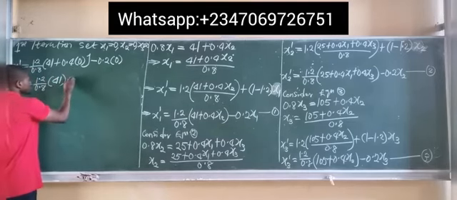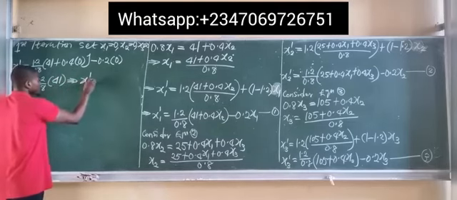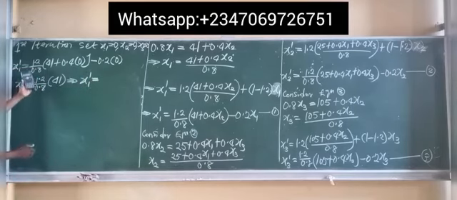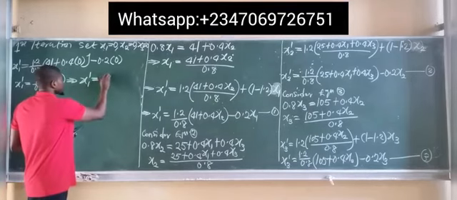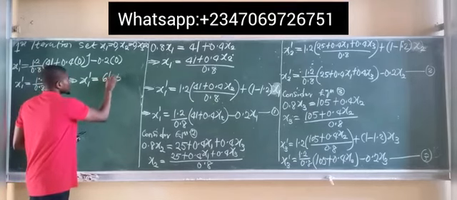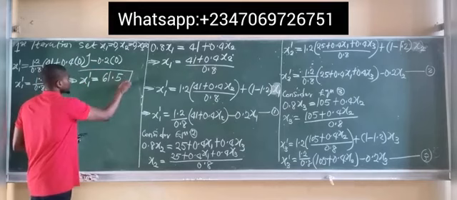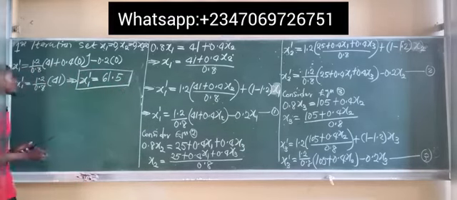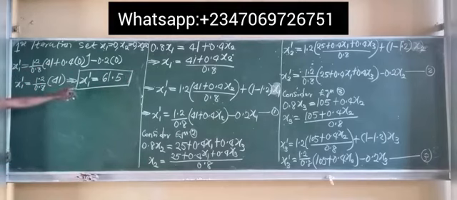So which means that the first iteration for x1 prime is now equal to, so I will simply evaluate this now, 1.2 divided by 0.8 multiplied by 41. That simply gives us 61.5. So keep this value for the first iteration of x1. All right, so the first iteration x1 gave us 61.5.